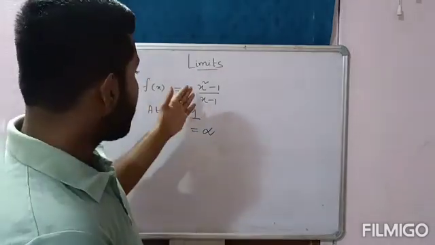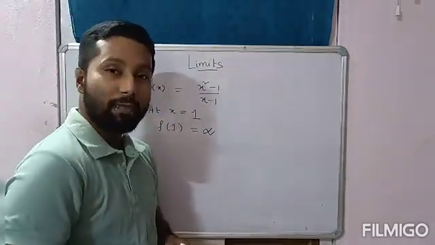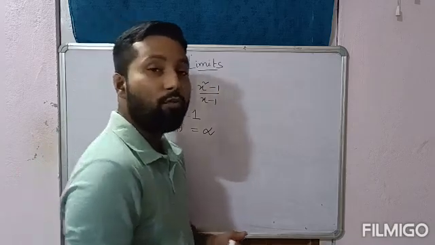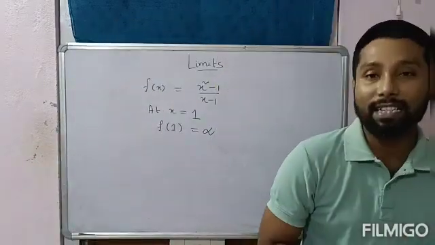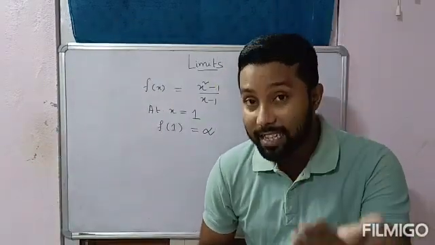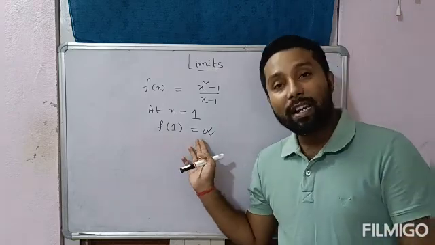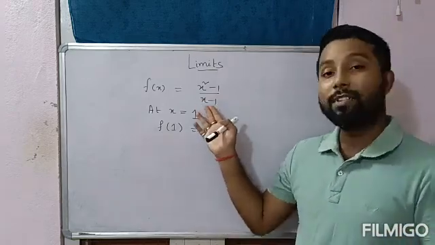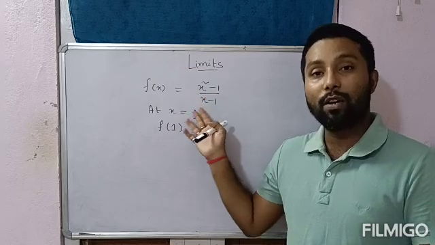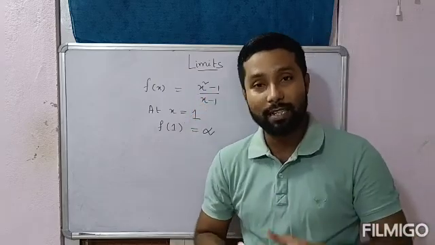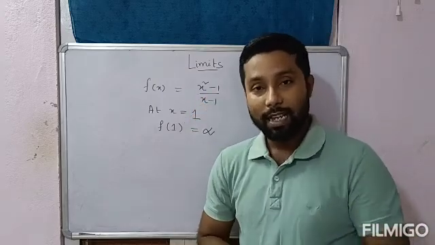If I consider this rational function x square minus 1 by x minus 1, and you want to find the value of this function at x is equal to 1, then we will get an undefined result because it is in the form of 0 by 0, 1 minus 1 by 1 minus 1. So 0 by 0 is meaningless, right? Yes.